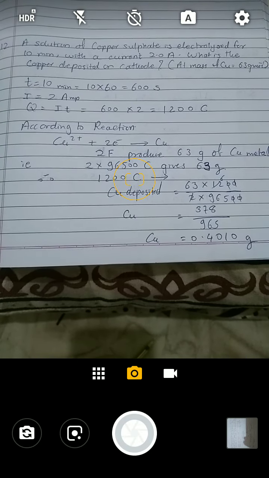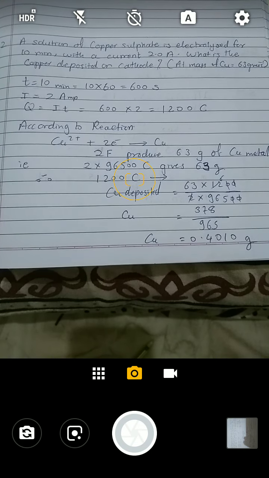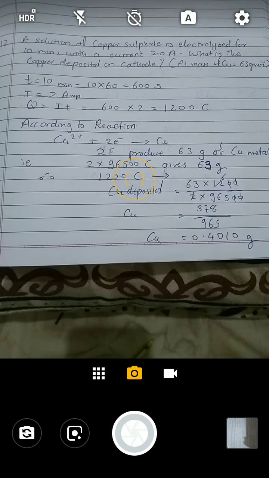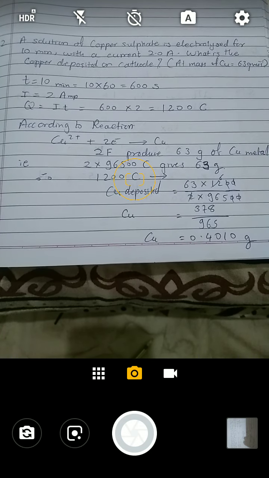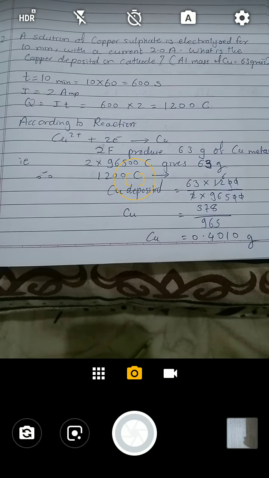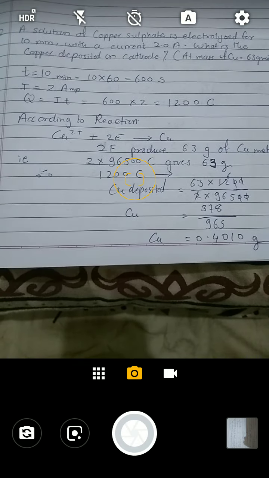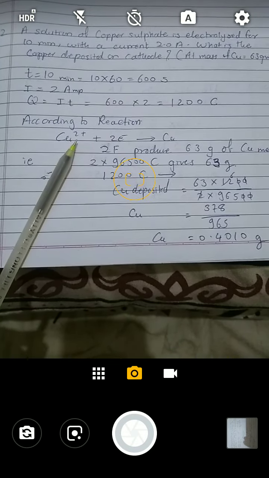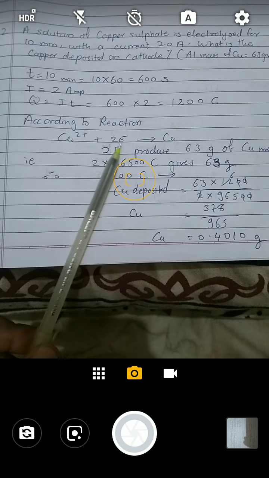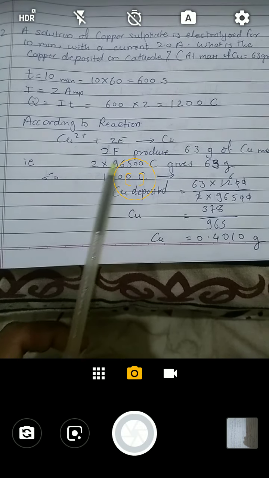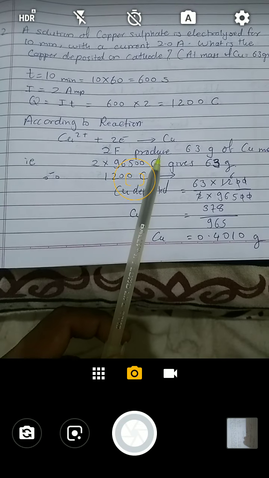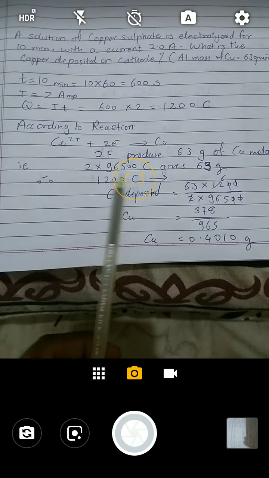So I have the formula according to Faraday's first law, Q is equal to I t, where I is the current in amperes and t is the time in seconds. So 2 into 600 is equal to 1200 coulombs of charge. Now I have the equation Cu2+ plus 2 electrons giving copper metal. So 2 Faradays will produce 63 grams, that is 1 mole of copper. Here 1 Faraday means 96500 coulombs.